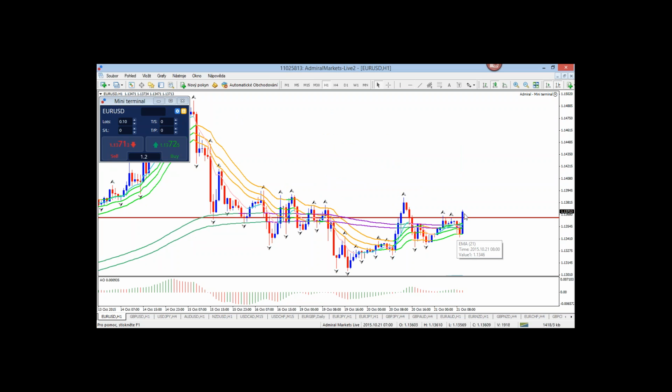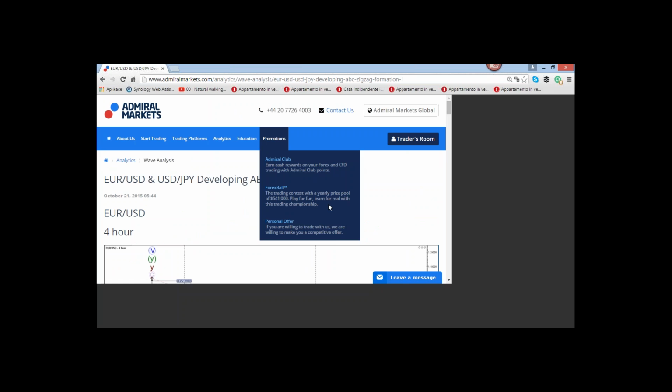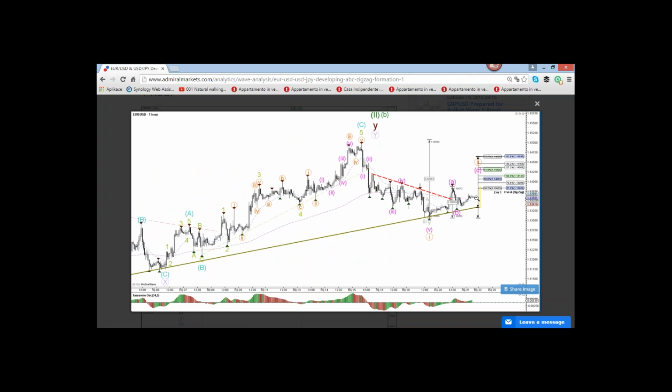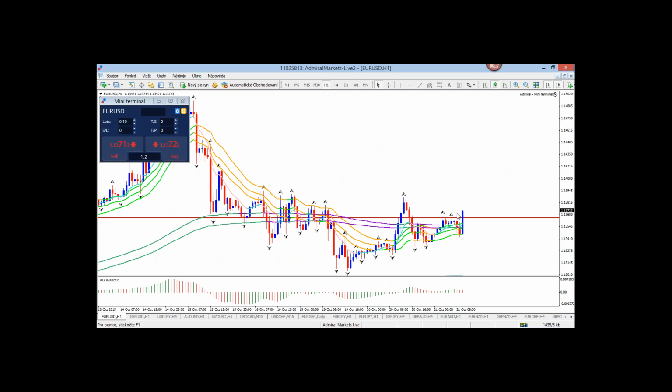And that, I think, is probably the signal that we're going to make this ABC, as expected earlier this morning here in the webinar, but also, if you're curious about waves, here in the wave analysis section where I had already an ABC posted. The break of this could be the signal for long. If it goes too far, this candle, it might be better to wait for a small pullback. But there's not a lot of space until we run into a resistance level. That has to be very clear as well.